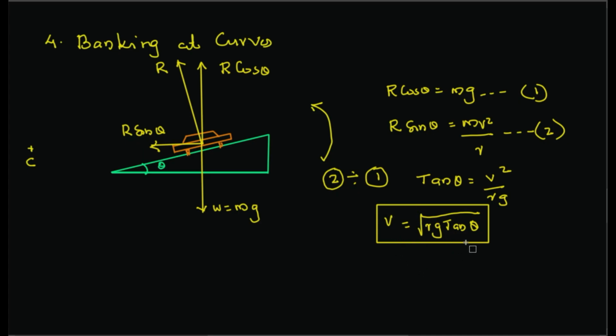So this is called the optimum speed, not the maximum speed. In all these equations, we haven't considered friction, so what we get is the optimum speed, not the maximum speed with which you can drive the car.